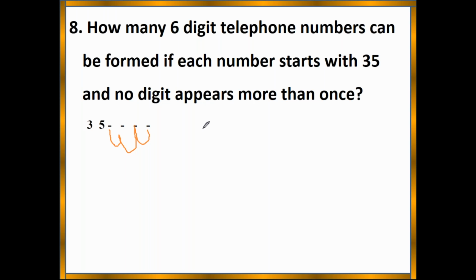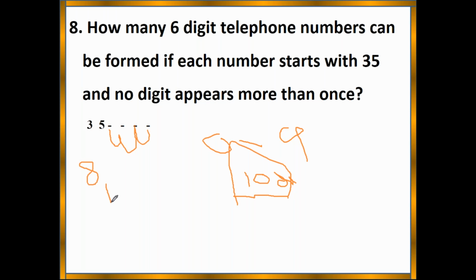So out of 0 to 9, 3 and 5 occupied the first place and second place. 0 to 9 is 10 digits, na? Out of 10, 2 occupied the first and second place. The remaining, how many digits are there? 8 digits are there, sir. By using these 8 digits, we can occupy only these 4 places, na?